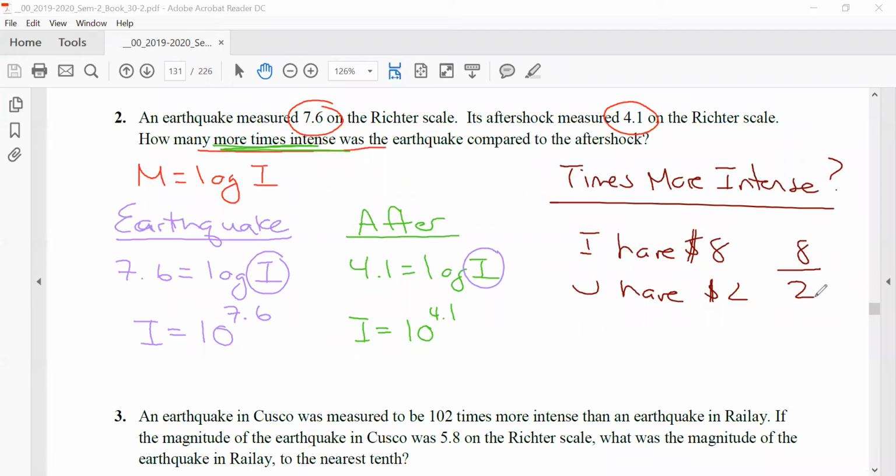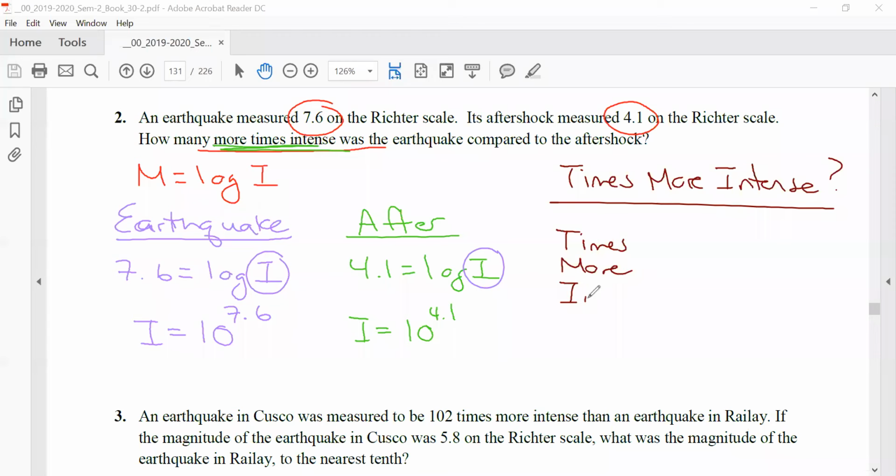Times more intense, so I'm going to divide, and what I divide is always the bigger divided by the smaller. Forget about dollar bills. Let's go back and talk about earthquakes. Times more intense, so I'm just going to write times more intense.